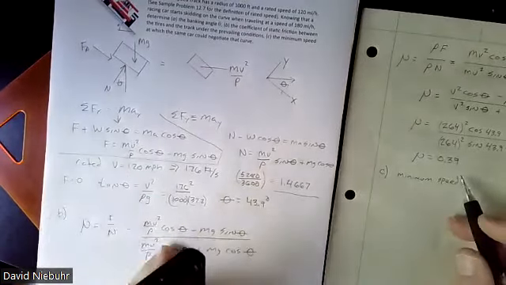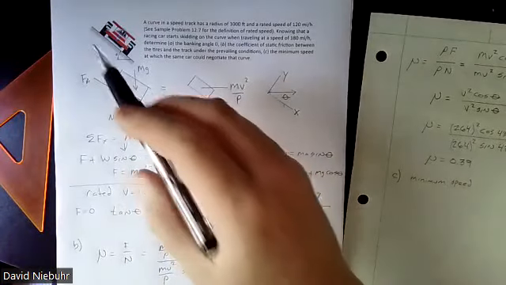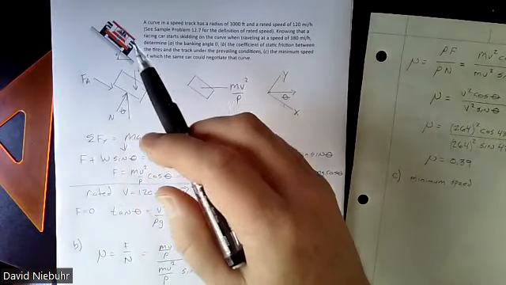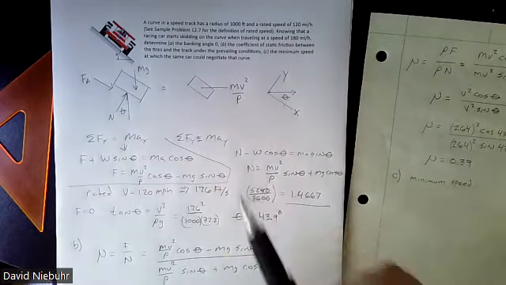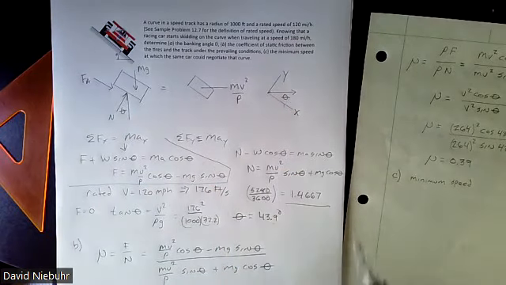So that's how we're able to assume that if this thing is sitting on an incline, there's no way that it's not going to slide down on its own. So it has to have the v squared over rho in order to stay up on the incline. Otherwise, it's going to slide down.